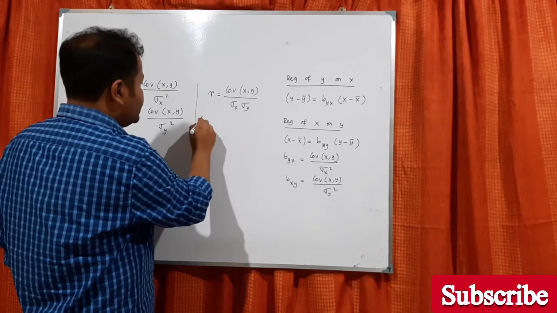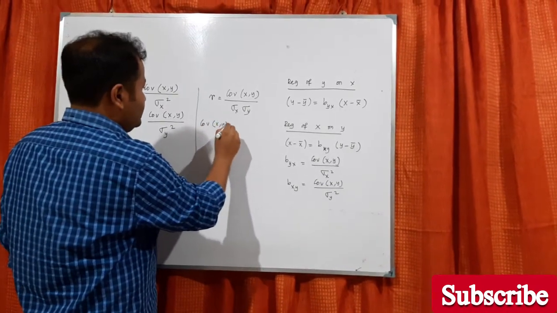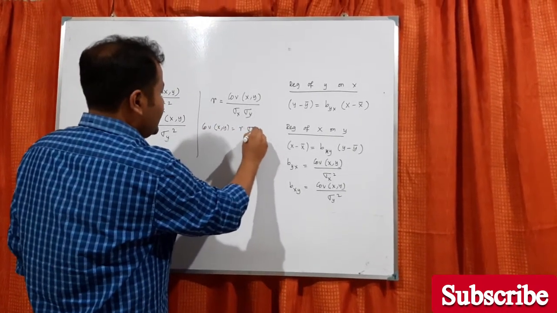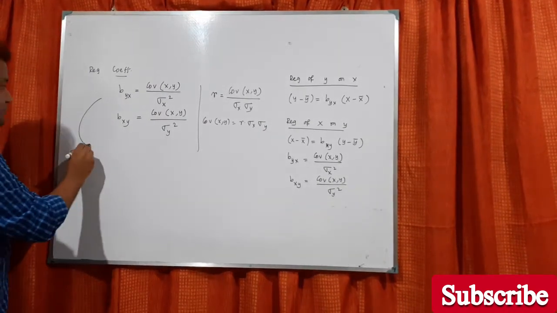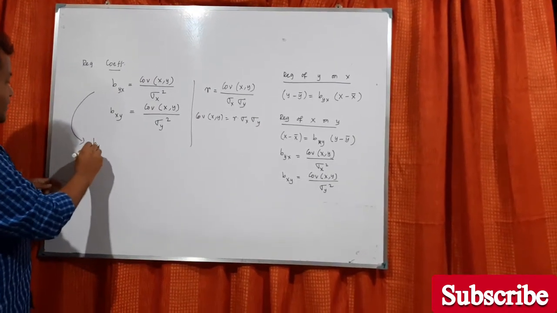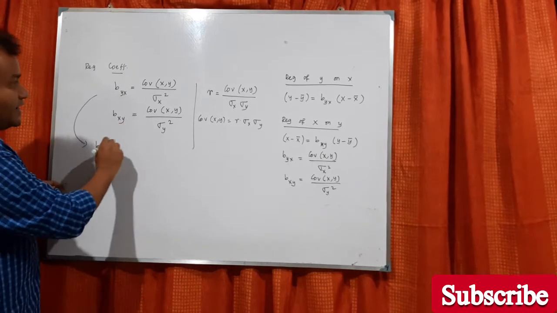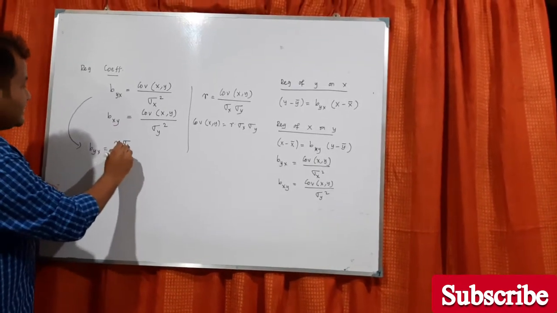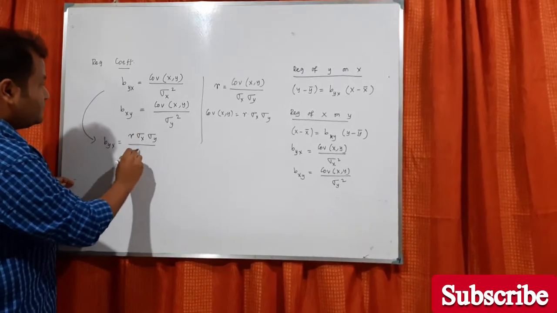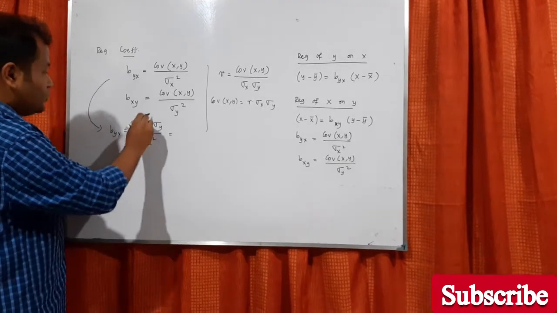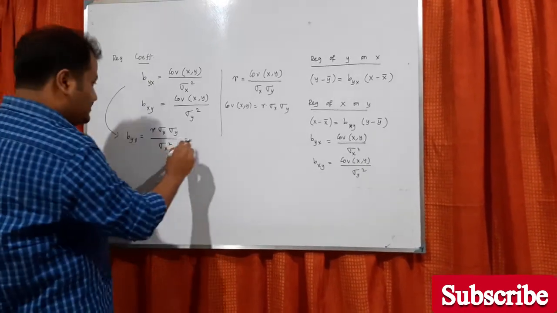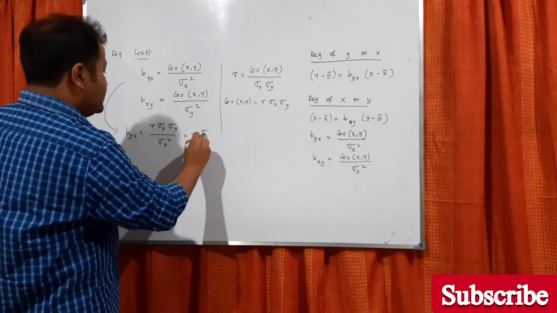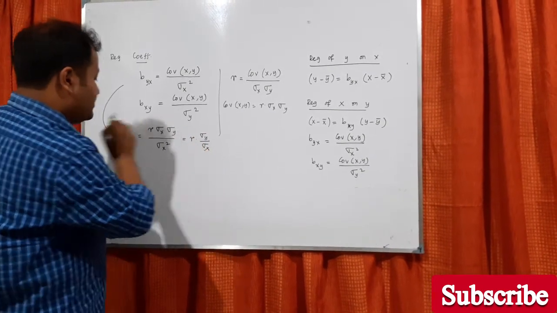So covariance of xy will be R times sigma x sigma y. From this, b_yx equals R sigma x sigma y by sigma x square. One sigma x gets cancelled, so it is R times sigma y by sigma x.